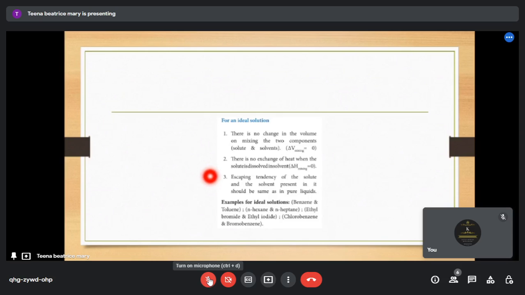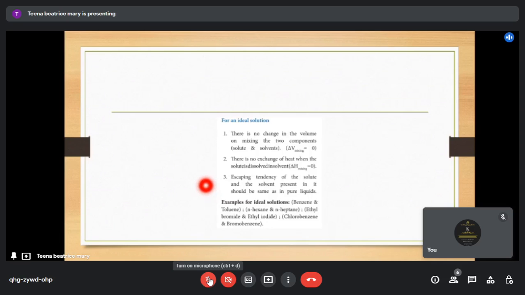But in an ideal solution, the escaping tendency of the solute and the solvent should be the same. It should not suddenly change its state.